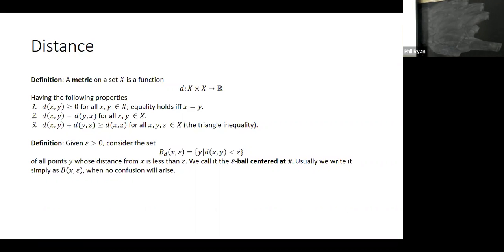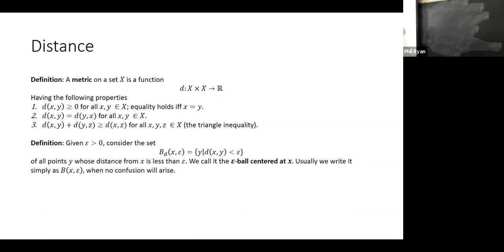The nice thing about metric spaces is that they have a metric, and this gives us a concept of distance, and this turns out to be really powerful, as we'll see. So a metric has the following properties.